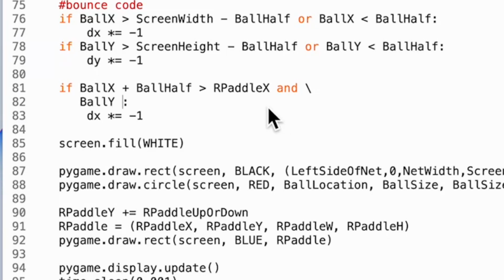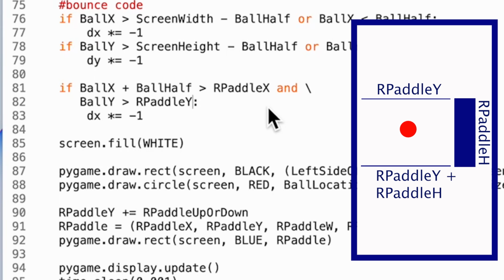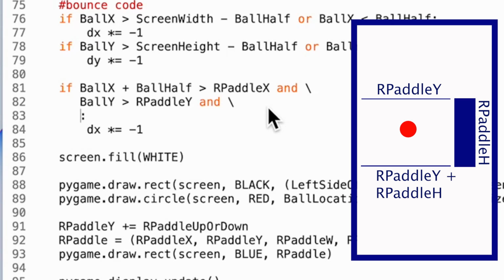ball y is greater than r paddle y, that's the top of the paddle, and ball y is less than r paddle y plus r paddle h.